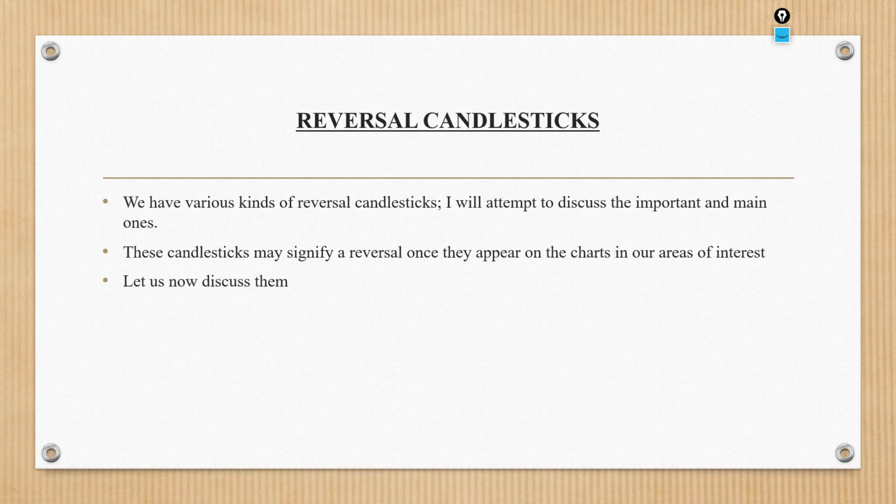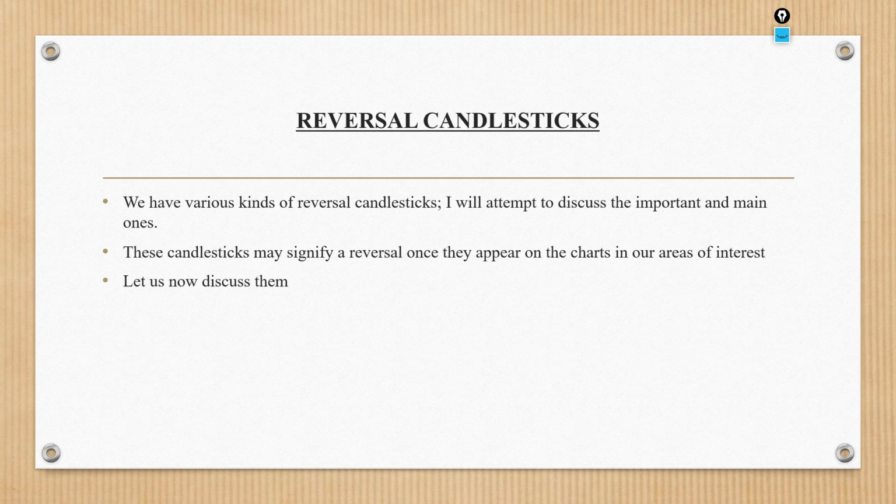Candlesticks may come in two forms. They can be candlesticks that may signify a reversal, whereby if they appear on certain levels, we can say a reversal is likely to occur. For instance, if price hits a resistance and a certain candle appears, we can know that price is likely to change direction.